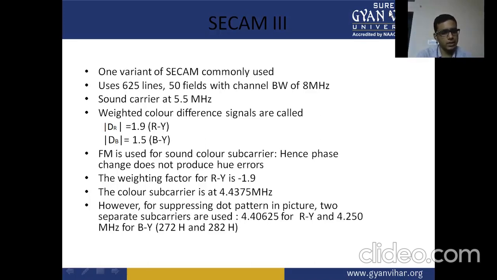The color subcarrier is at 4.4375 megahertz. However, for suppressing the dot pattern in the picture, two separate subcarriers are used, 4.40625 megahertz for R minus Y and 4.250 megahertz for B minus Y, 272H and 282H.